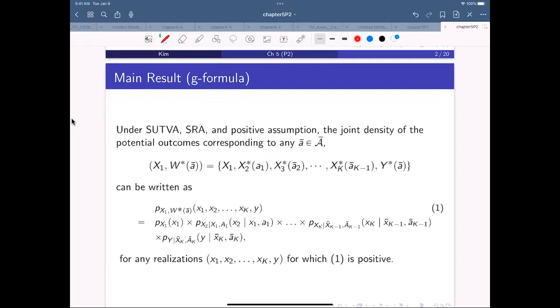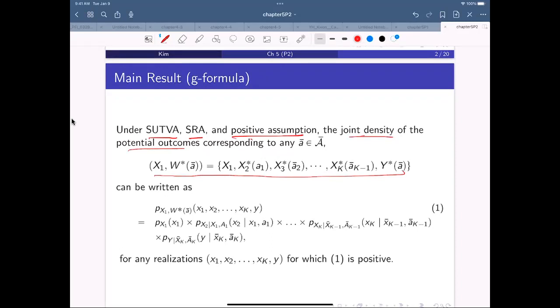So the main result is that under the three identification assumptions, the joint density of the potential outcomes, whatever the distribution of this is, is our parameter of interest, right? We can write our causal parameter as a function of these potential outcome random variables.